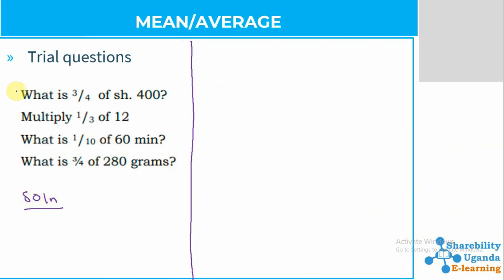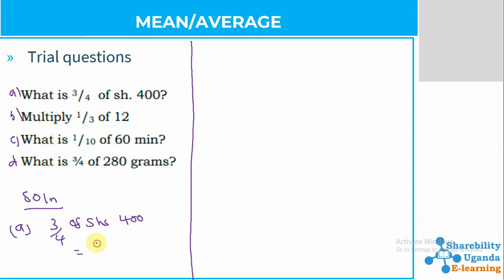Okay, so we can write our solution here. Let me say this was our part A, part B, then part C, part D. So our solution A, they want 3 out of 4 of shillings 400.